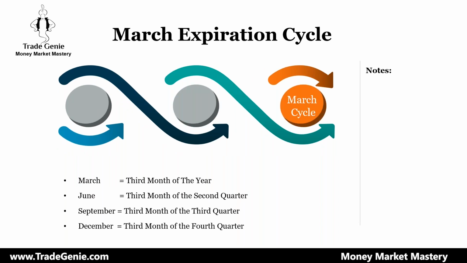Now, in the same way, the March cycle. March is the third month of the year. June is the third month of the second quarter, September is the third month of the third quarter, and December is the third month of the fourth quarter. Similarly, let's say Home Depot.